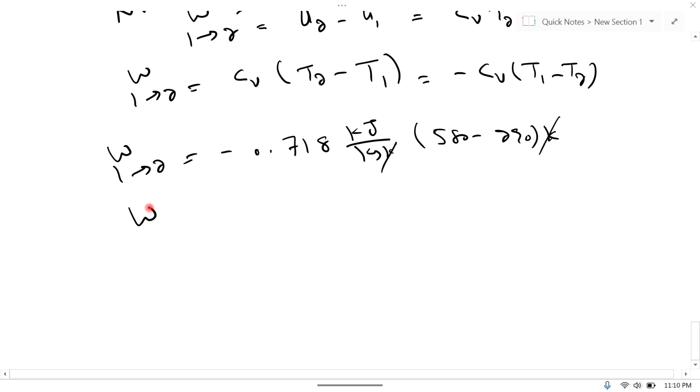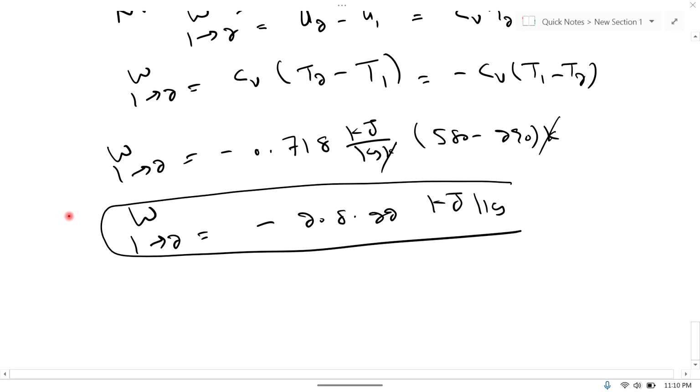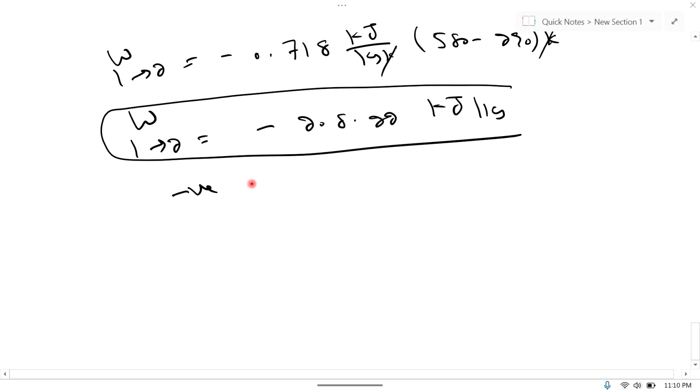So simplifying this value, work done from 1 to 2 is minus 208.22 kilojoule per kilogram. Again the negative sign is work of expansion.